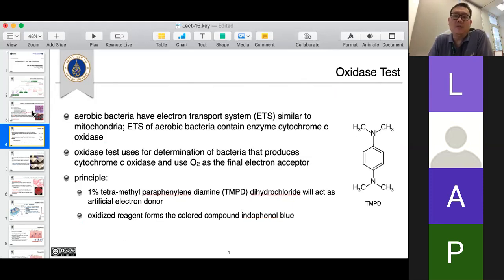We never talked about the oxidase test before. Previously, you learned the catalase test, right? Bubbles happen by the drop of hydrogen peroxide, and also the coagulase test. The oxidase test, we use to identify whether cytochrome C oxidase is in the bacteria or not. So aerobic bacteria have an electron transport chain, okay?